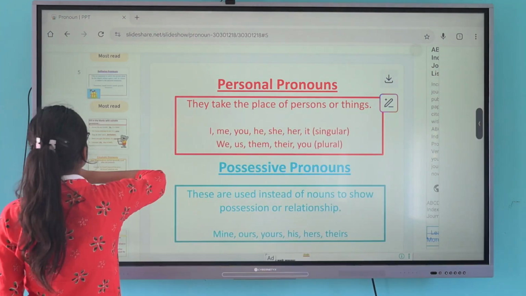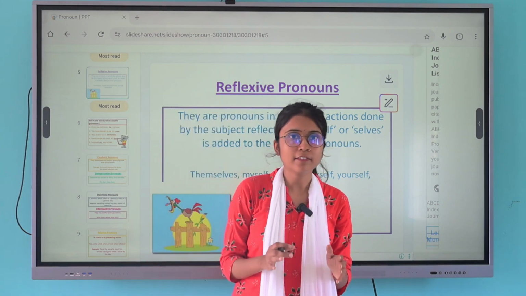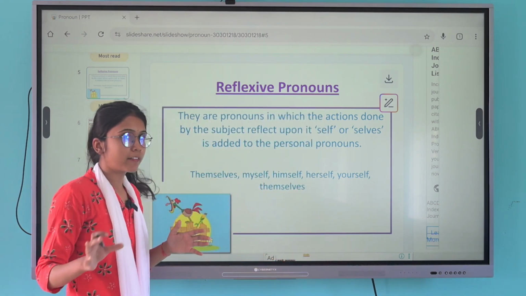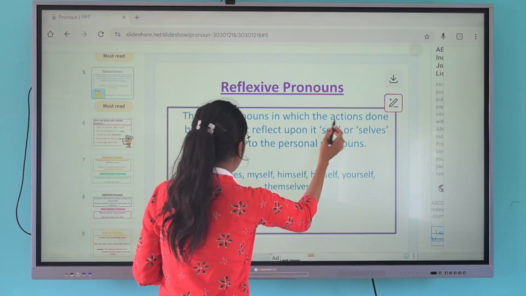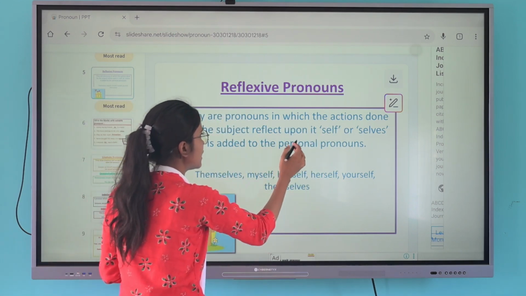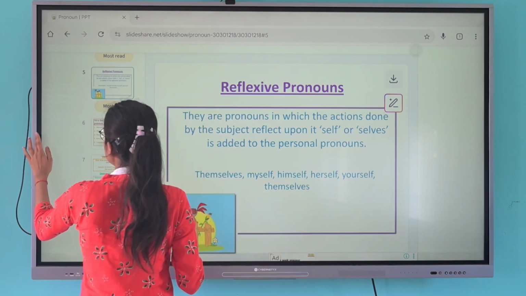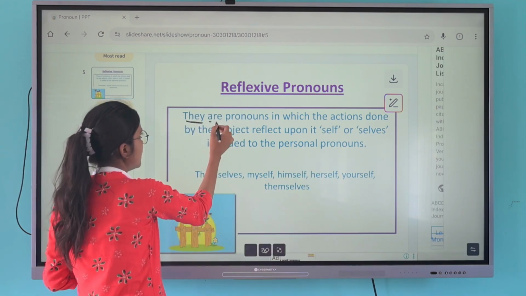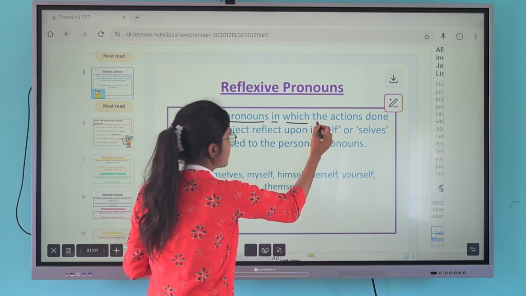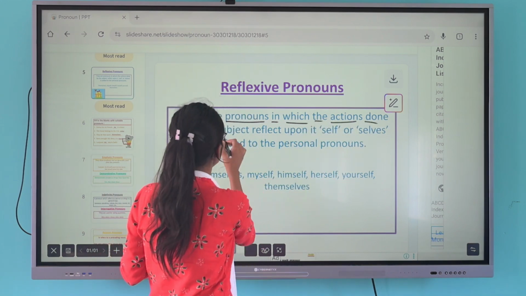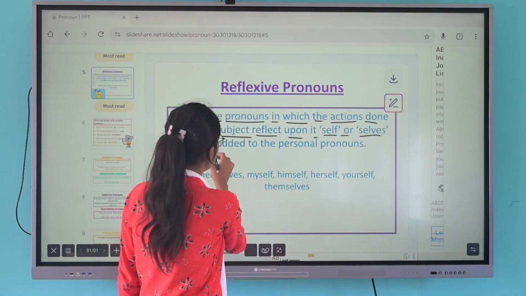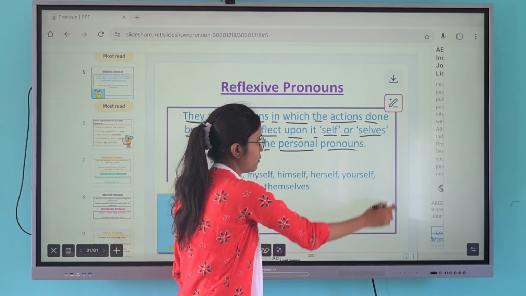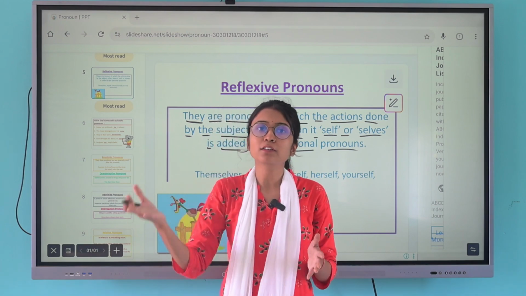Okay, so the next one is reflexive pronoun. What is a reflexive pronoun? They are pronouns in which the actions done by the subject reflect upon itself, where self or selves is added to the personal pronoun. It means it returns back to the subject.